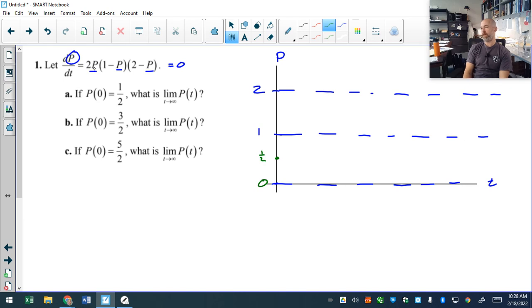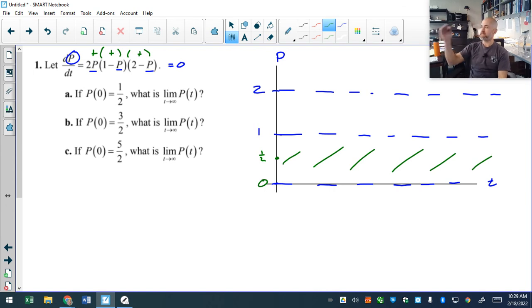What if I plug in 1/2 here? 2 times 1/2 is positive. 1 minus a half is positive. 2 minus a half is positive, right? And so that means everywhere between 0 and 1, we have positive slopes. So I'm just going to draw a bunch of positive slopes. Are we good?